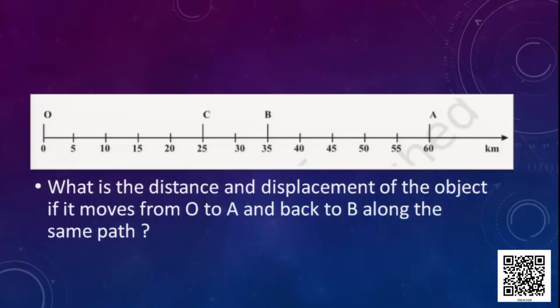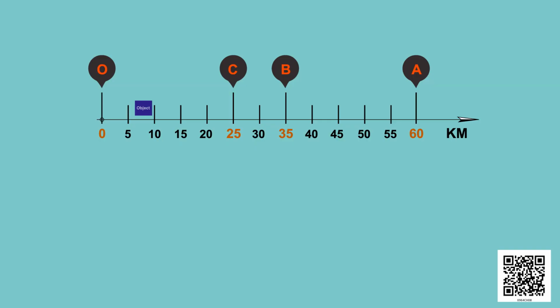Then I am again showing the same video clip, and I am asking one more question. What is the distance and displacement of the object if it moves from O to A and back to B along the same path? So what would be its answer?